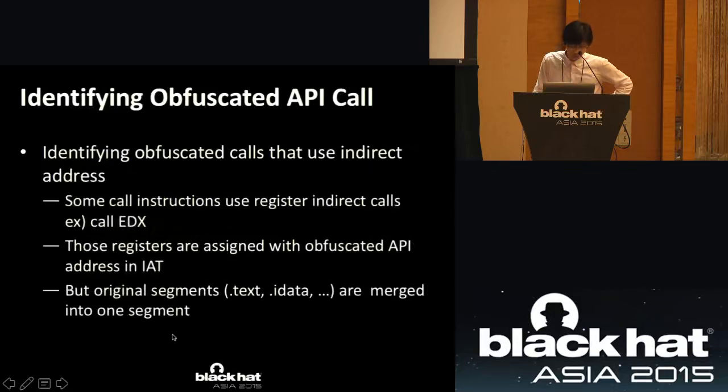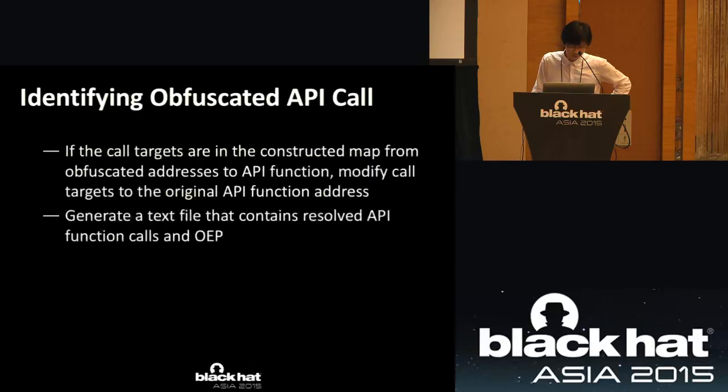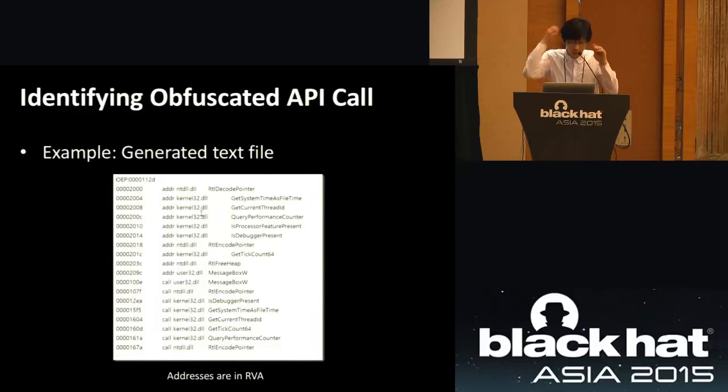So I resolved the addresses using the built map and generated a text file. It contains the original entry point, addresses, and some information that needs to be changed after OEP.